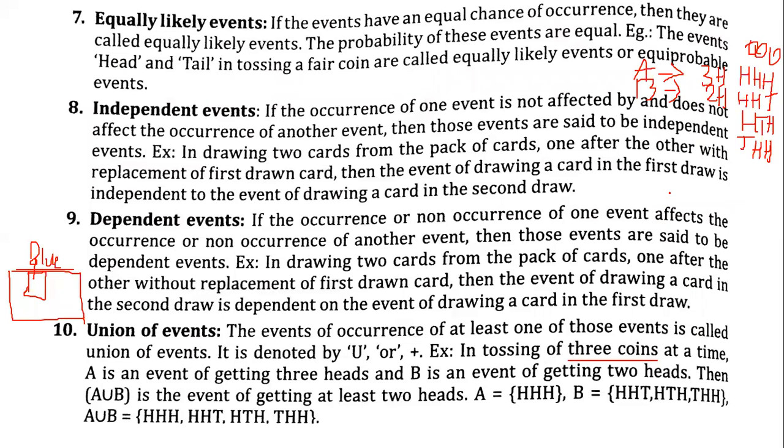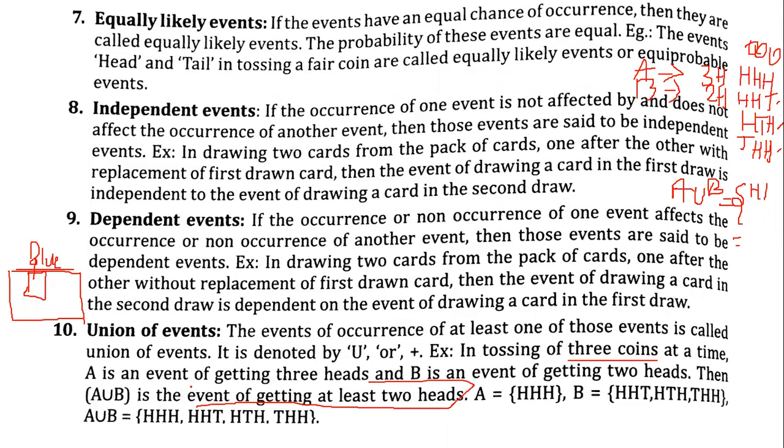Now, if I want to find out A union B, this is union of events, then I will have to add all of these possibilities: head, head, head; head, head, tail; head, tail, head; tail, head, head. Now, how do I represent this? How do I say it in statement form? In statement form, I will say event of getting at least 2 heads.